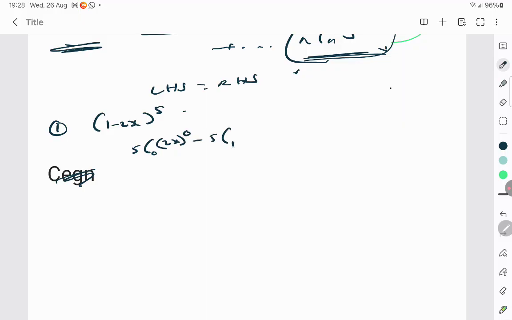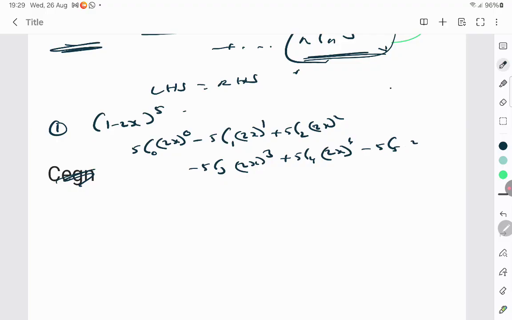Minus 5C1, 2x the whole to the power 1. Plus 5C2, 2x the whole to the power 2. Minus 5C3, 2x the whole to the power 3. Plus 5C4, 2x the whole to the power 4, minus 5C5, 2x the whole to the power 5.